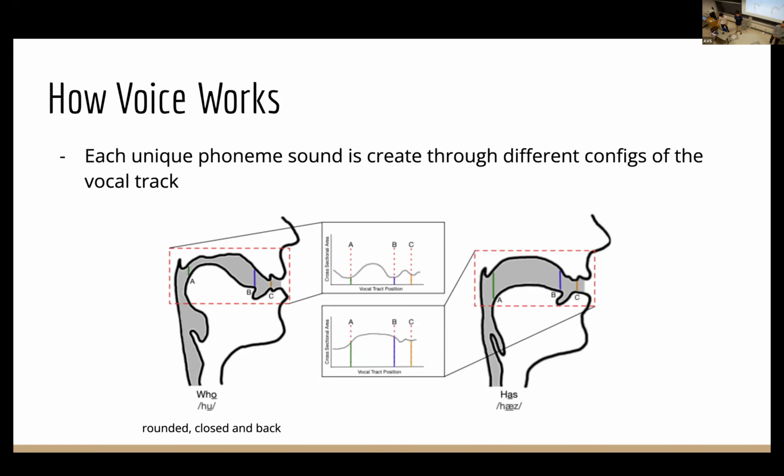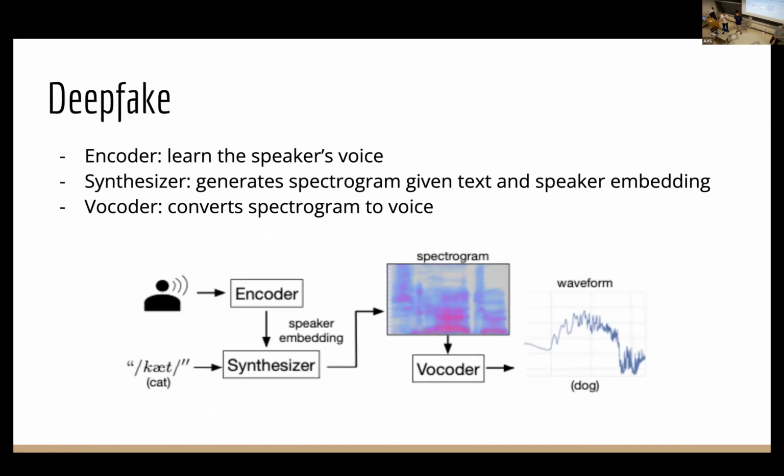We might wonder, what is a deepfake? There are three key parts of a deepfake, the first being an encoder. When I feed in the victim's voice, the encoder extracts the different features from the voice to create something called a speaker embedding, which is like the characteristics of how the voice is made.